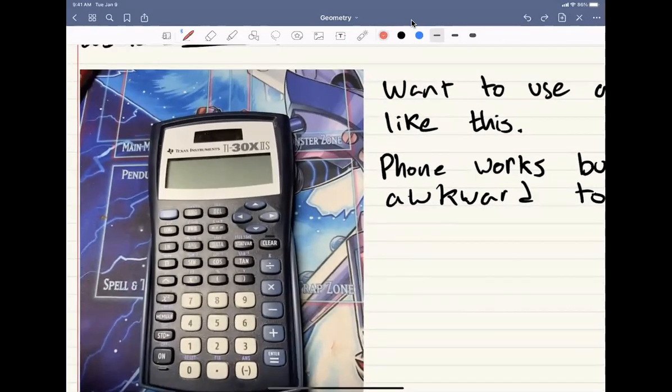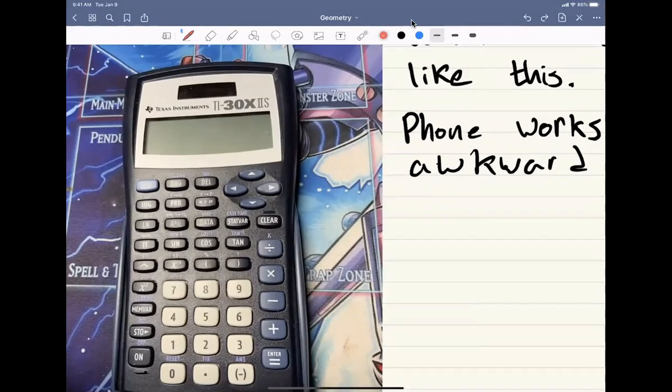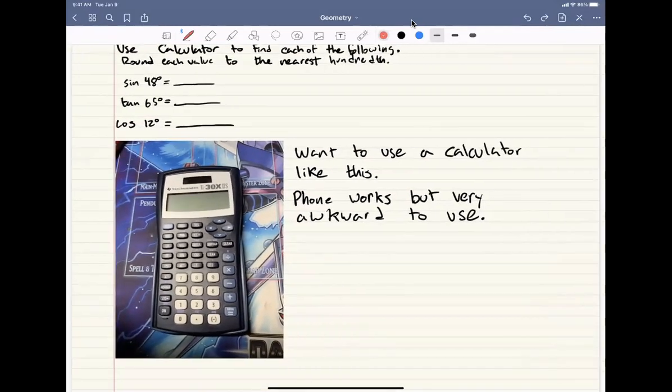You can use the basic TI-30X2, which is basically just a regular scientific calculator. It's not too crazy. All you got to do is press sine and then 48 on the calculator.